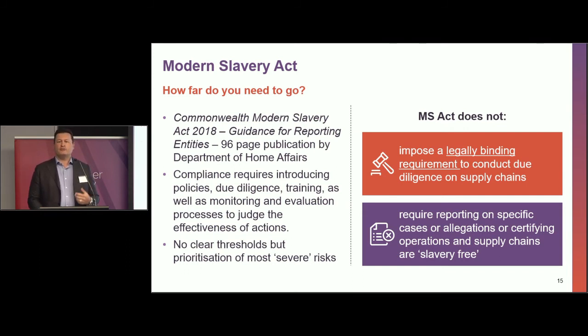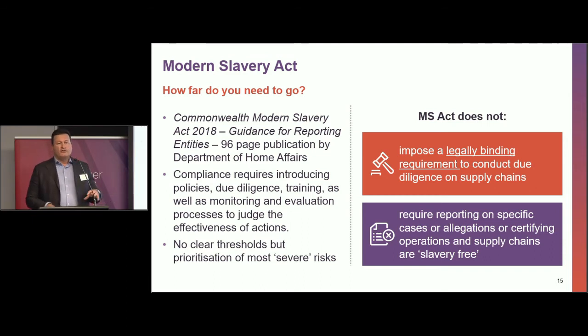It's about a process, it's reporting, it's how do you identify these things. They even talk about saying if you identify an issue, don't charge at it like a bull at a gate and try and solve it. That may not be the right thing to do. Again, speak with the relevant authorities, speak with the appropriate people, but have in place some sort of action plan to deal with it if you do identify it. These things aren't easy, and there's going to be a lot of work to be done over time to get this right.